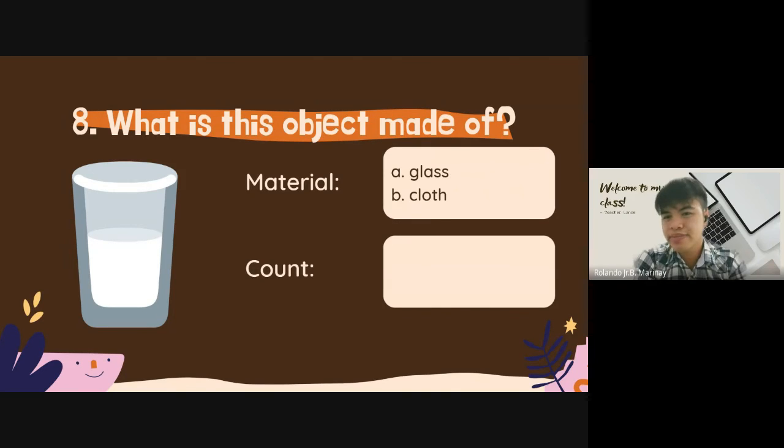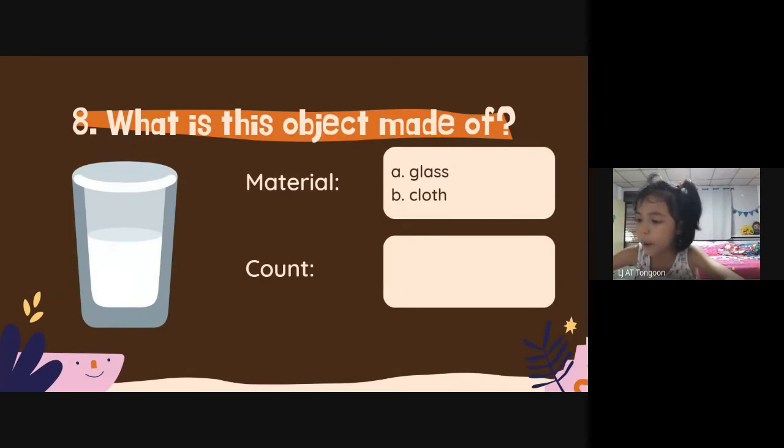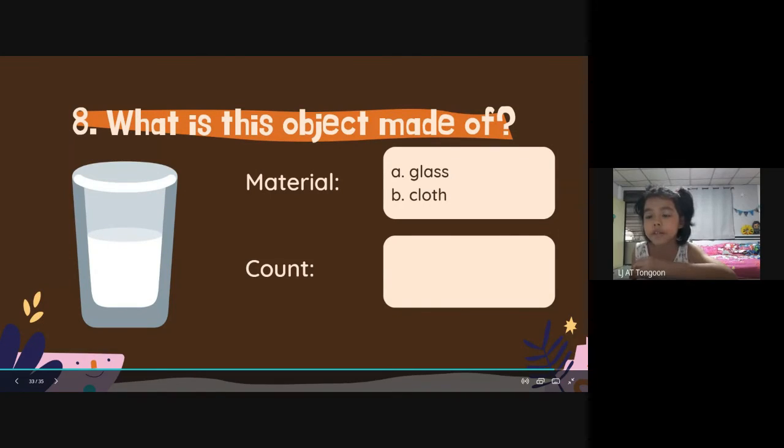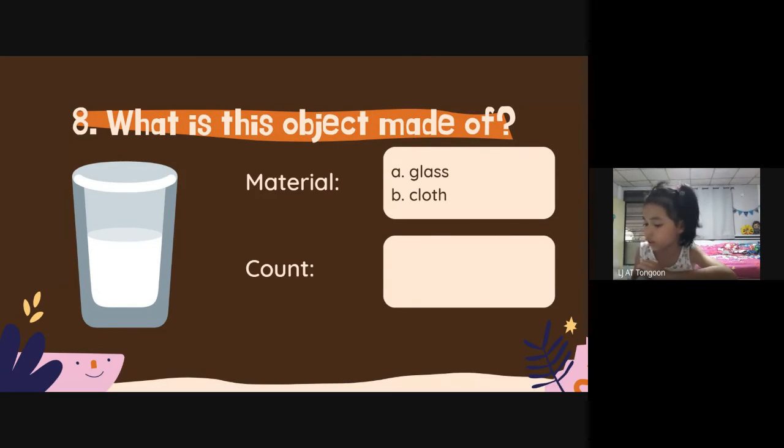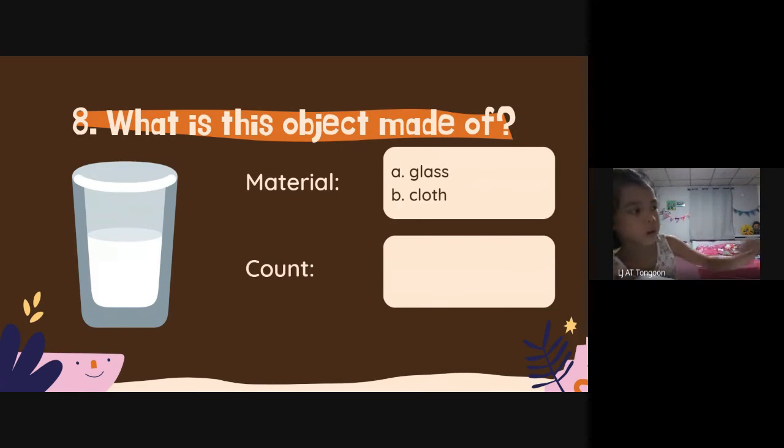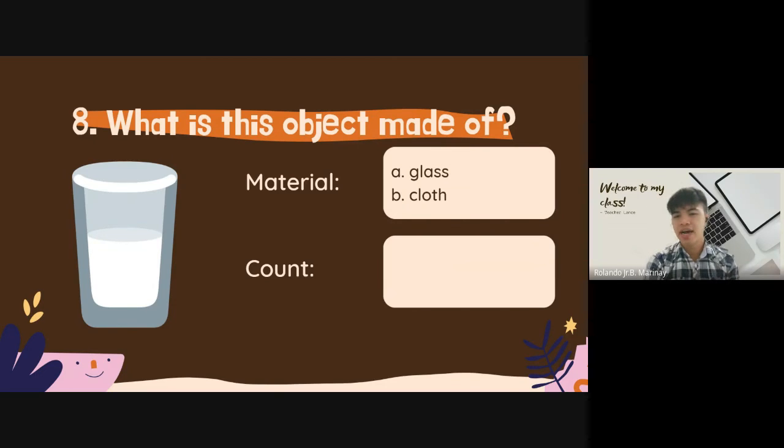Okay, you write it first. Number one. Finish? Teacher, finish. Okay, let's wait for the others who are still writing. Good job.